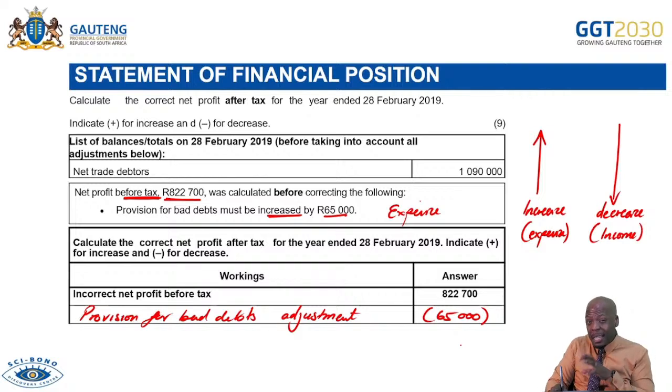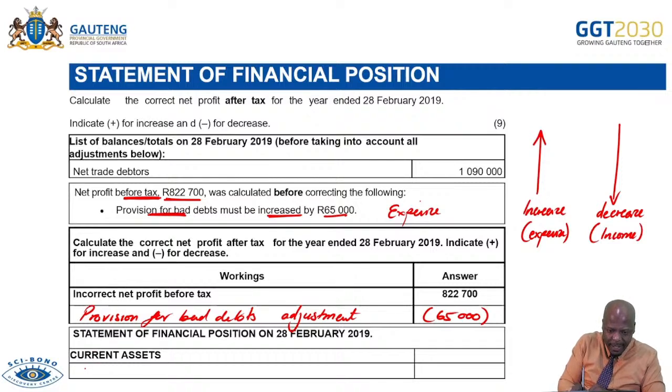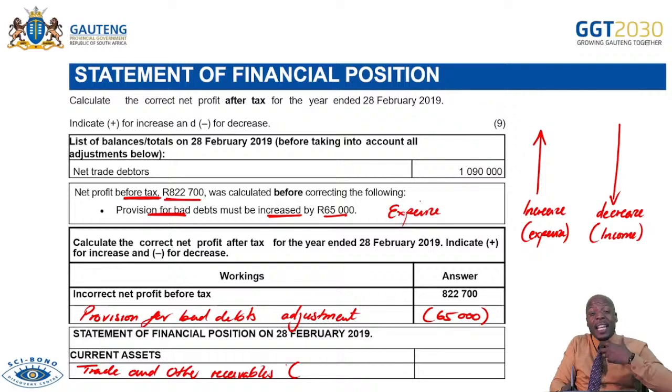I understand that in this very same question, I'm going to prepare the statement of financial position. And when I have provision for bad debts, does it affect the statement of financial position? Certainly it does. All right. So let's see where we're going to record it under our current assets. So what am I going to take first? I'm going to take my net trade debtors. So let me just come here and say trade and other receivables. Okay. And then I'm going to open my bracket. Do you see that? Opening brackets is very important.